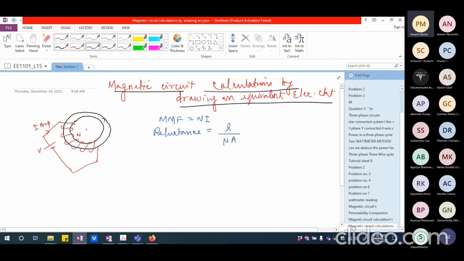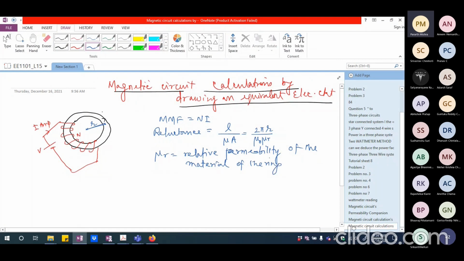If I know the mean radius R of this iron ring, I should be able to say L is equal to 2 pi R. And mu is going to be mu naught multiplied by mu r, where mu r is the relative permeability of the material of the ring.